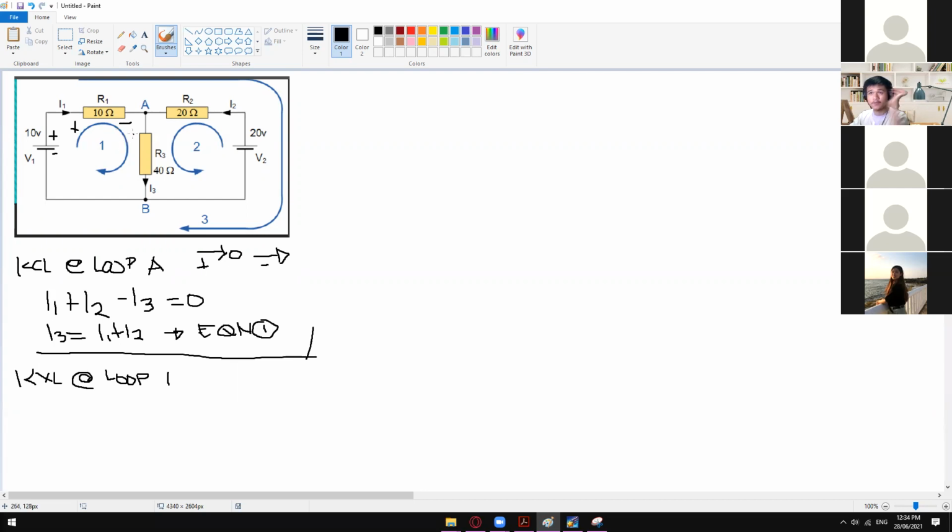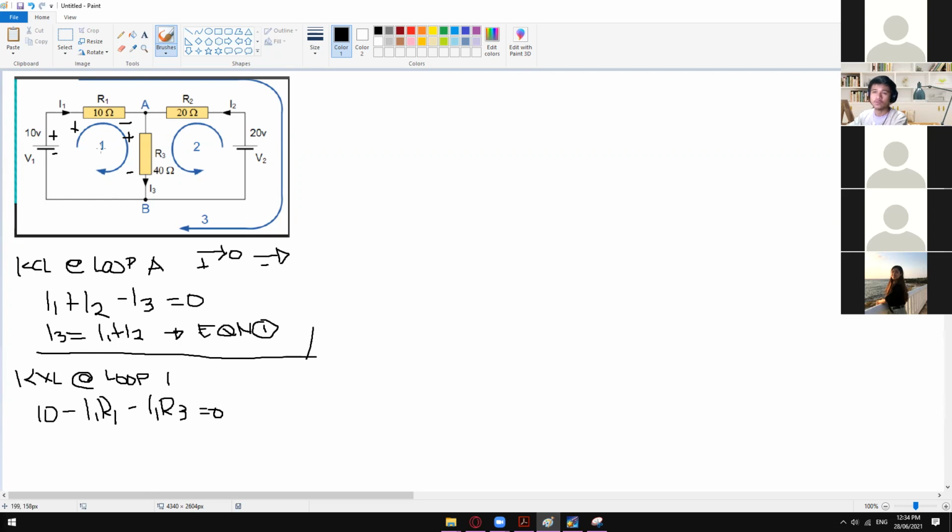The same with R3, positive and then negative, because we must have a negative signage after passing through a certain load or resistor. So in here we have positive 10 volts minus I1 times R1 because this is a voltage drop, and then another voltage drop right here, minus I3 times R3, equal to 0.